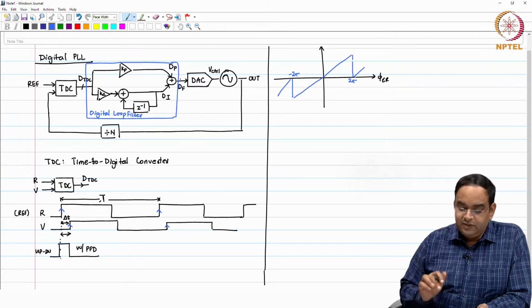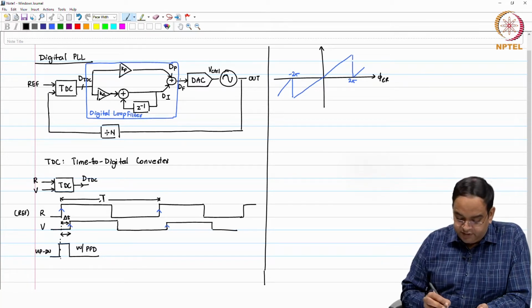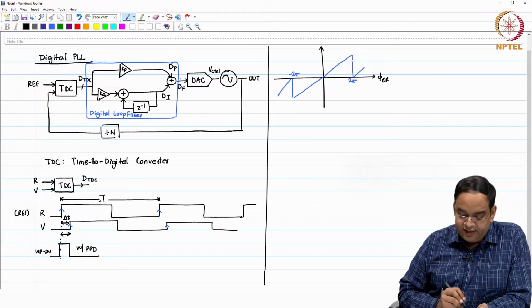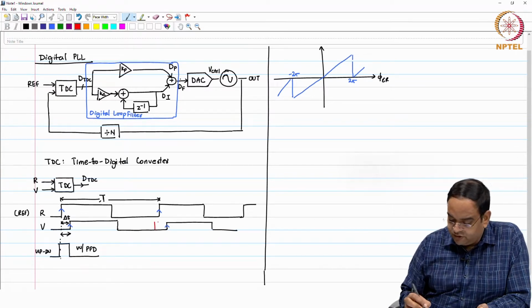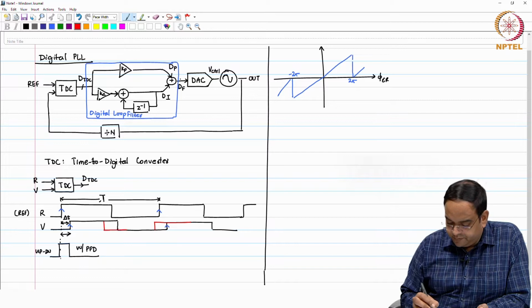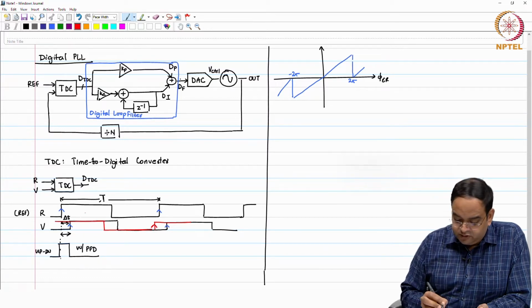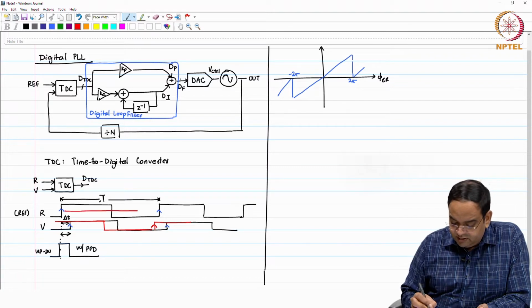Similarly, here in one case you are seeing the error is this, in the other case I can have the rising edge of the clock coming like this, so late. Just an example.